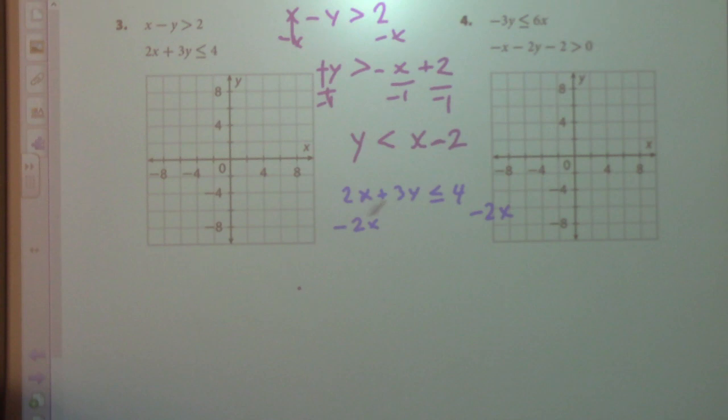Good. Okay, so now we're left with 3y is less than or equal to negative 2x plus 4. Then what? Divide by the coefficient of y, so divide by 3. So we have y is less than or equal to negative 2x plus 4 over 3.